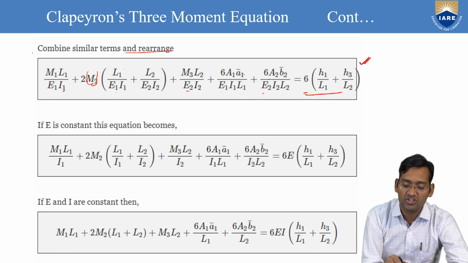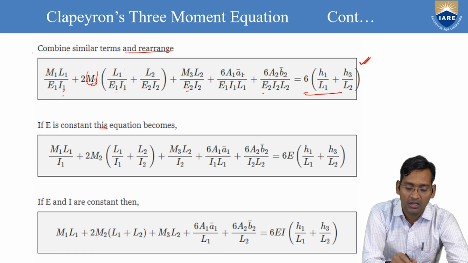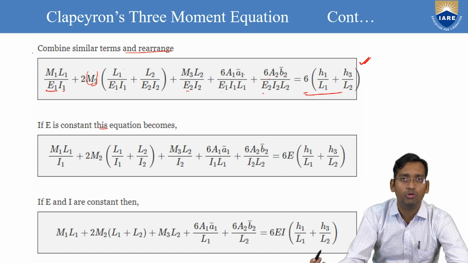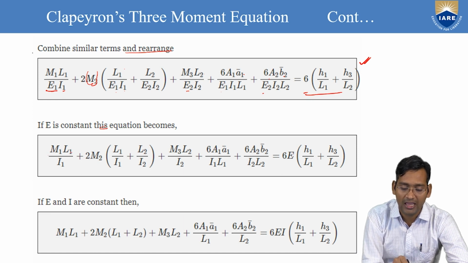So if E is constant in this equation, meaning Young's modulus of elasticity of that material is constant, then what happens? You can simply replace E1 with E, and then you can take E common from all the terms. So just see here, M1 L1 by I1 after taking 1 by E common.